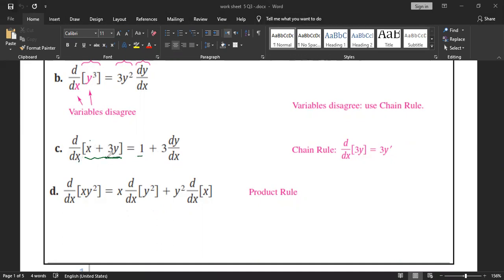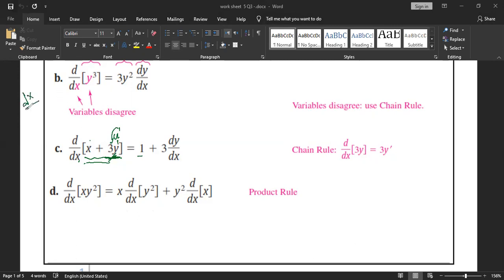What is the derivative of this one? Here the variables disagree, so I'll apply the general power rule, like u to the power 1. It will be 3 multiplied by the derivative of y, which is dy by dx.